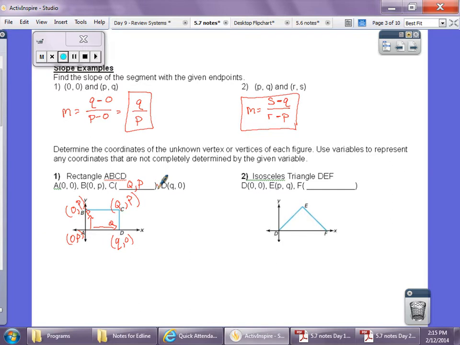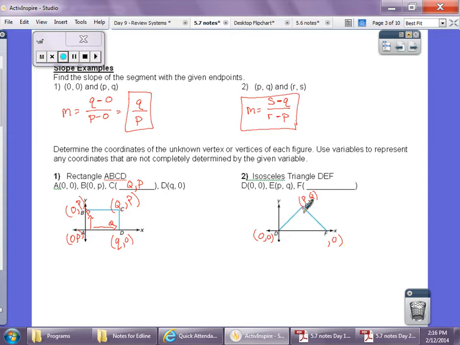With our isosceles triangle, we know that D is (0, 0), and we know that E is (p, q). The first thing that we know in F is that the y value is 0. Now we can figure out the x value.